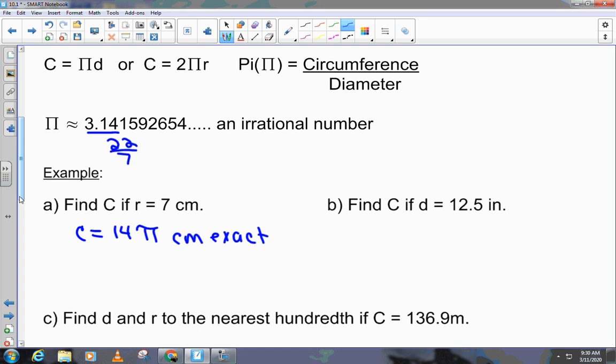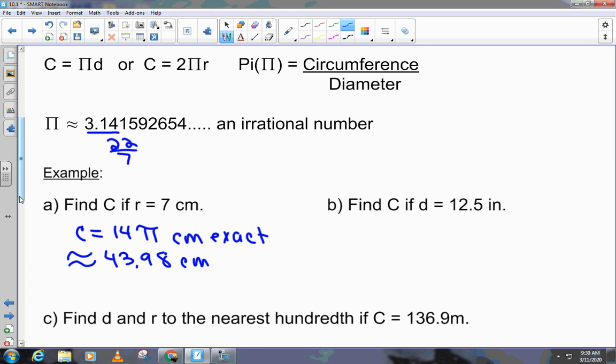But if I plugged it into my calculator and I put 14 pi in there, oops, I gotta turn it on. 14, and then you hit that pi button, and then you hit enter, if it was the nearest hundredth, it would be 43.98. And I'm going to use a double squiggle here, because that's an approximation, okay? This is an exact answer.